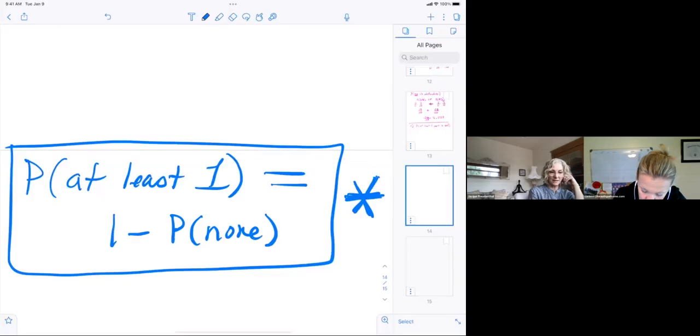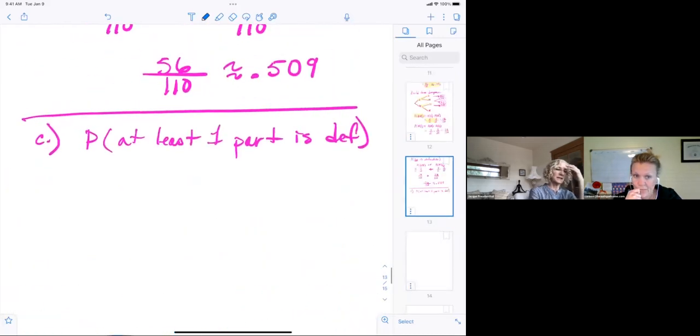Whenever you see the probability of at least 1, you want to jump into this, because you'll calculate 1 minus the probability of none. So let's see what that means here.